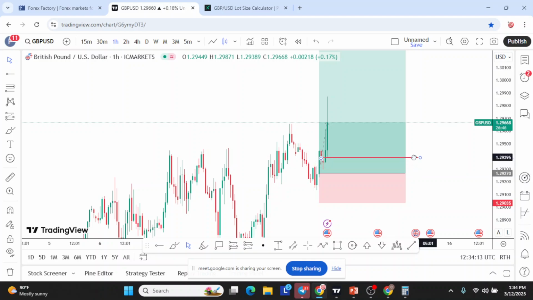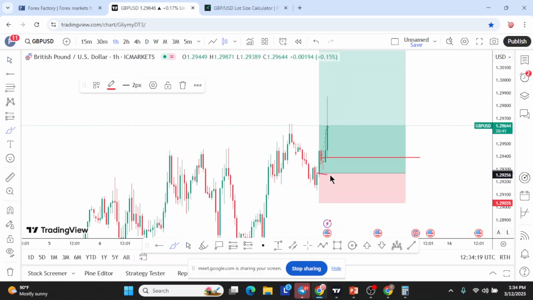If we put it here, that means we have secured small profits from the point we entered our trade to the point where we now have our stop loss. We have kept that little profit while we are still on the trade. We did not exit ourselves from that trade. This is under trade management. We've locked in small profits while the market is still moving in our favor.